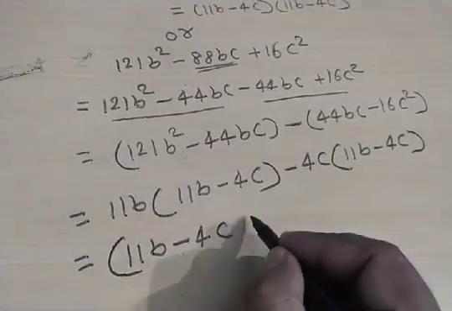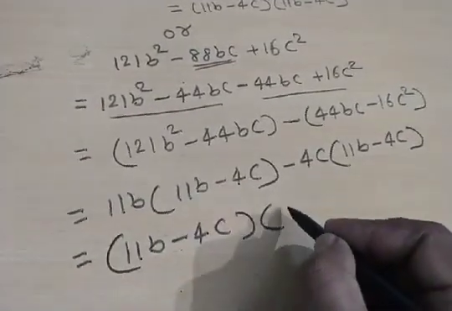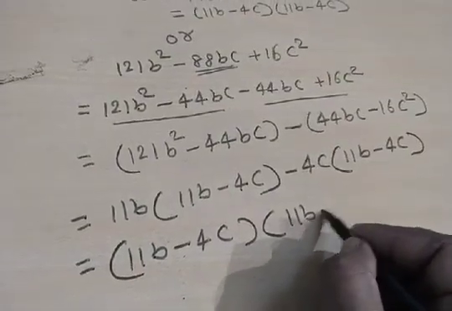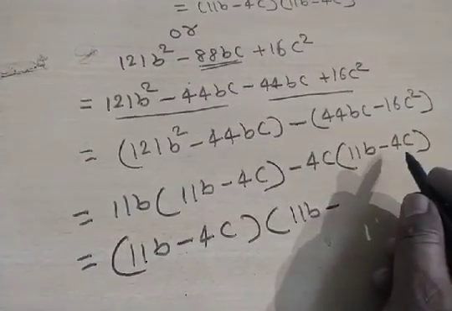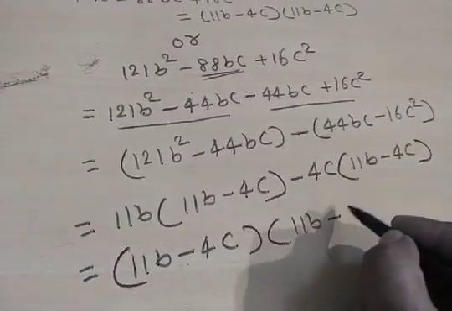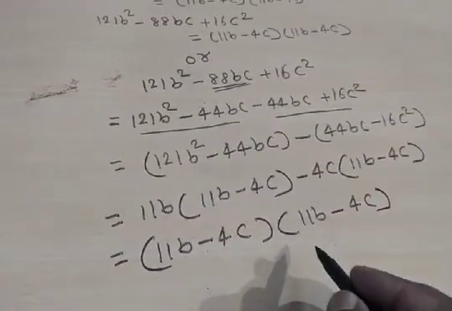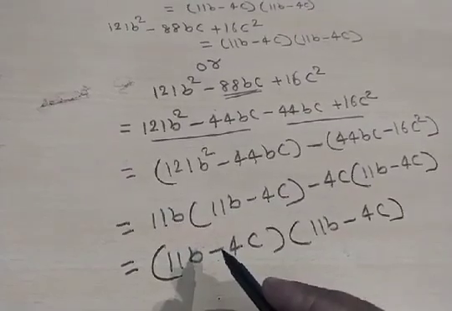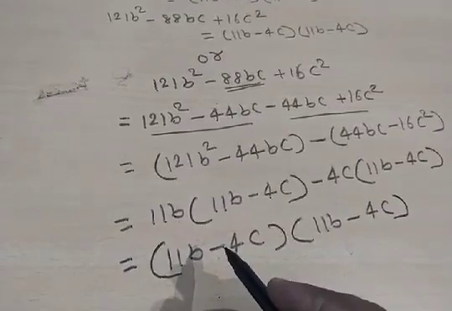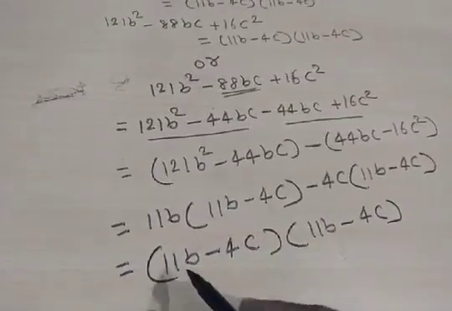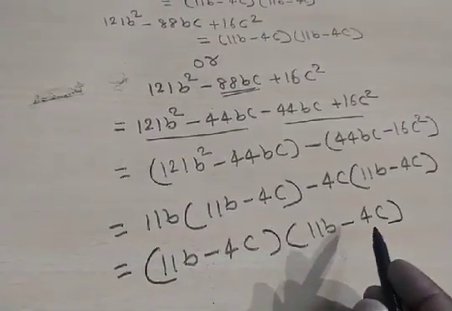Here we obtain only 11B, and here we get only 4C. So you can see the factorization of 121B square minus 88BC plus 16C square is 11B minus 4C into 11B minus 4C.